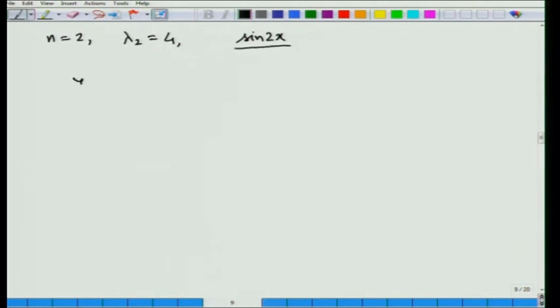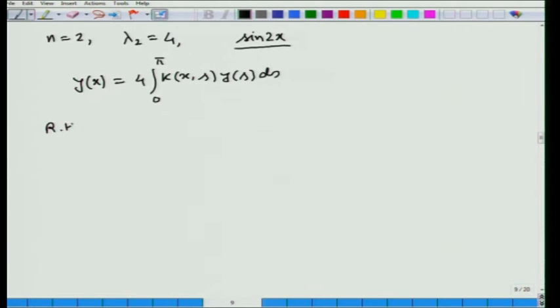So, then the integral equation becomes y(x) equal to 4 integral 0 to pi k(x, s) y(s) ds, and we are going to check whether sin(2x) satisfies this integral equation or not.